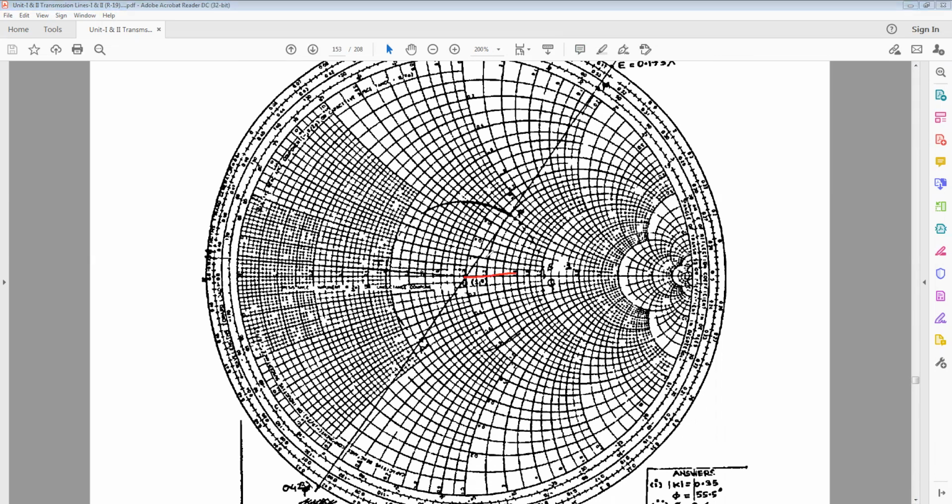whatever the bottom line here is, theta R. So the reflection coefficient is equal to the magnitude of the reflection coefficient with an angle of theta R. The magnitude of the reflection coefficient is the distance OP by the distance OM, and theta R we get from here.